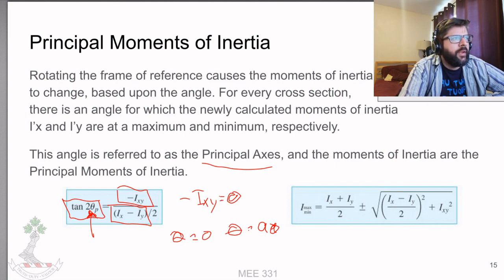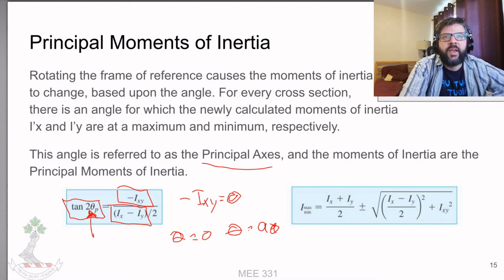So at that particular orientation, either our Ix or our Iy is already at its maximum. And if we rotate it 90 degrees, we're going to get to the other orientation at which the other one is at its maximum, and the one that was at its maximum is now going to be at its minimum.